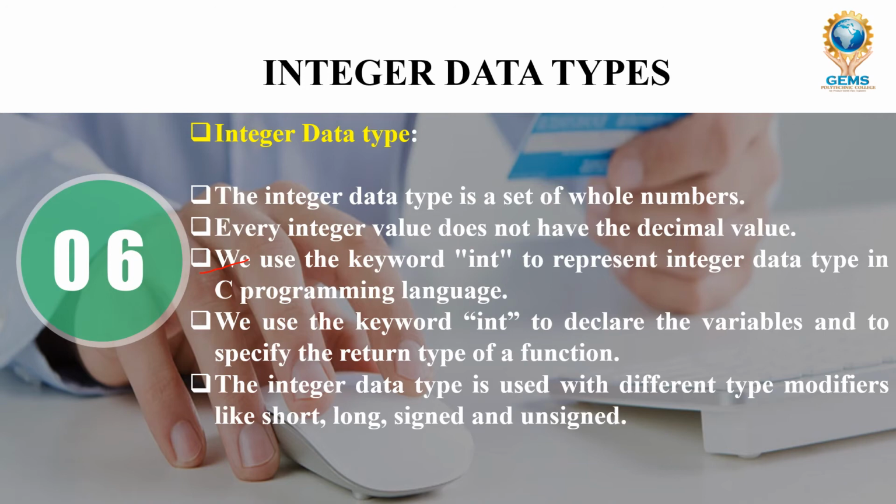We use the keyword int to declare a variable and to specify the return type of a function. The integer data type is used with different type modifiers like short, long, signed or unsigned. These are the modifiers of the integer data types. I hope, my dear students, it's clear for you.